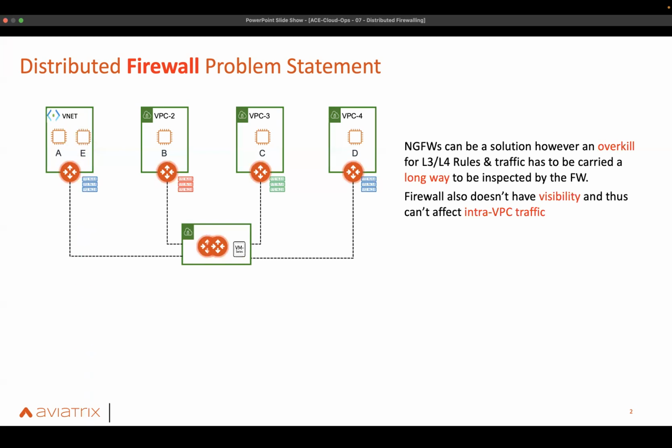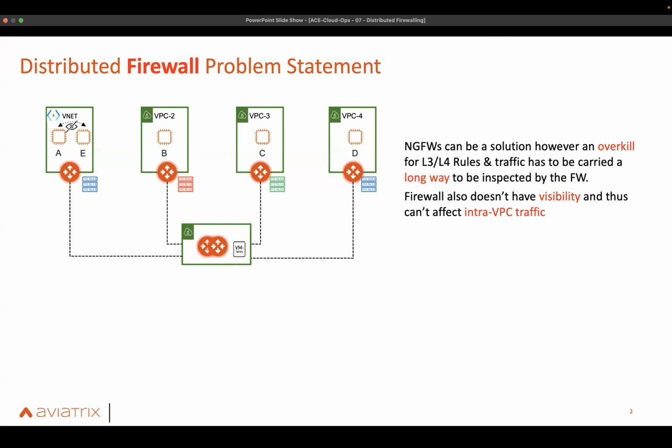What I mean by this is if I launch another instance in a VNet or even a VPC today, the firewall will not be able to see this traffic and thus cannot govern, stop, block, or limit it. So these are the two problems that we see with the firewall approach.